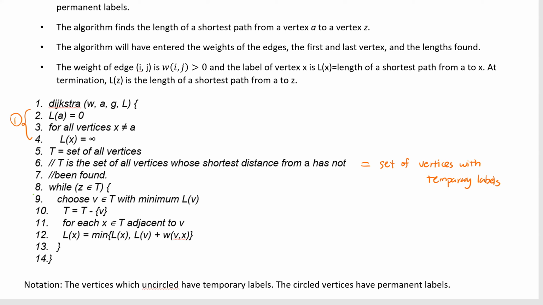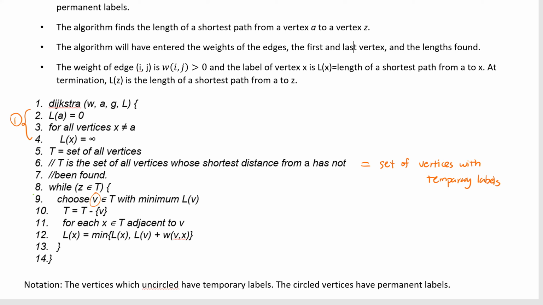Next, now you can see the terminal point is in the set T, so we choose the vertex v in T with minimum label. We remove this vertex from the set T because we know it has minimum length, so we can fix this label. It becomes a permanent label.